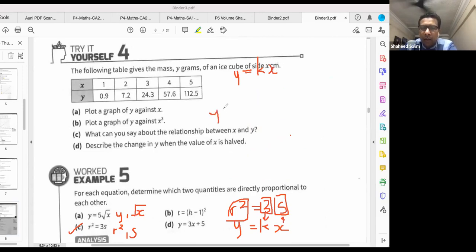It's y equals 3x plus 5. So how do I make it? I bring the 5 over here. So what do I get? y minus 5 equals 3x. Now you see, k is 3, x is x, y is y minus 5. So in this case, y minus 5 is directly proportional to x.